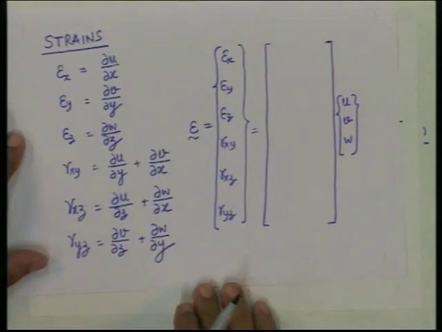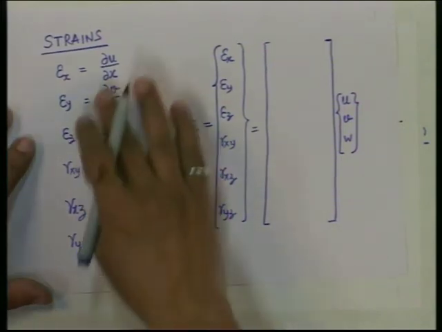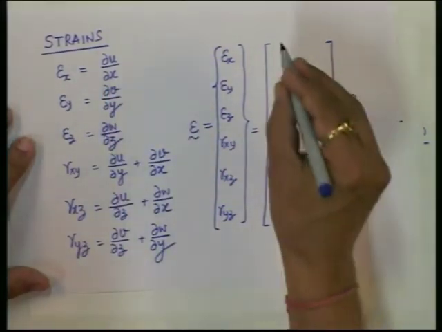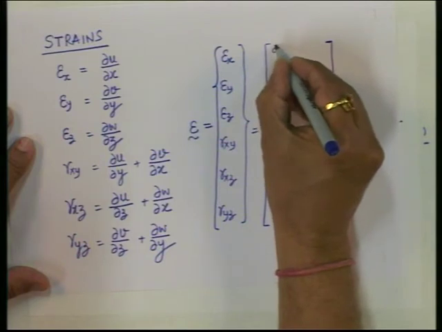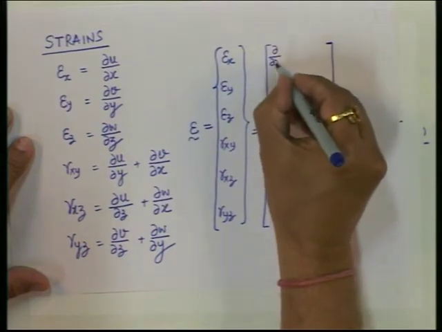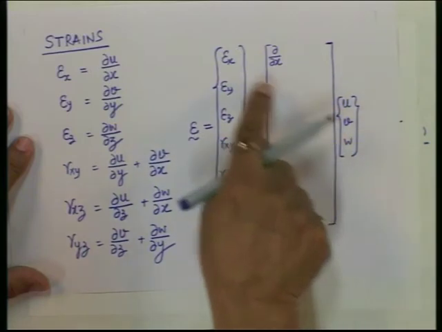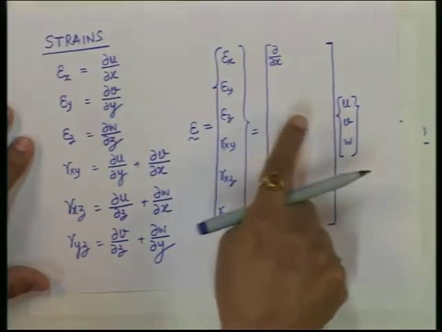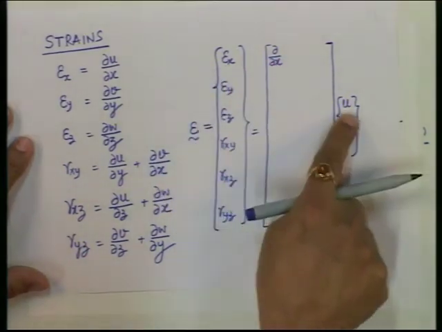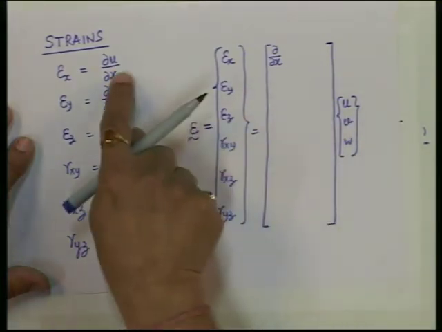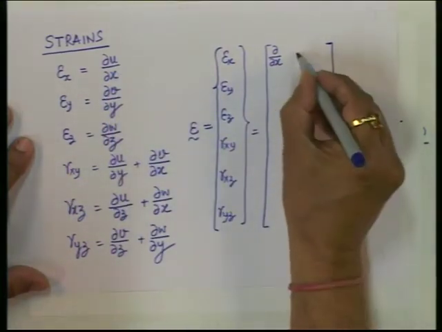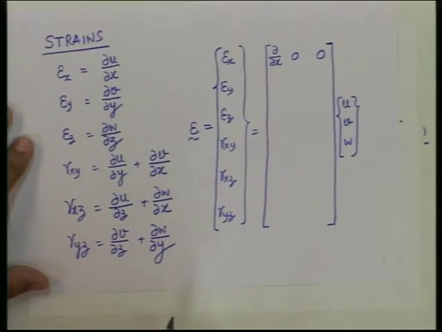Now, I have to fill this up. For example, del by del x of u, first into u, so del by del x into u is du by dx. The next one has to be 0, the next one has to be 0.